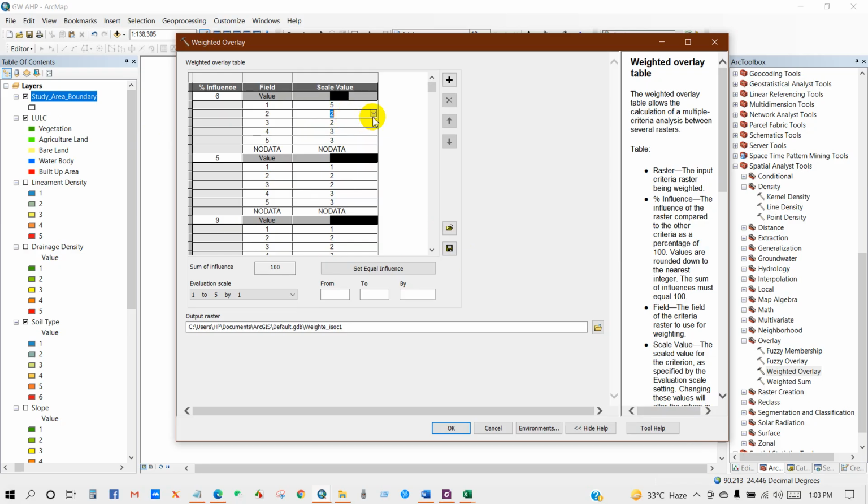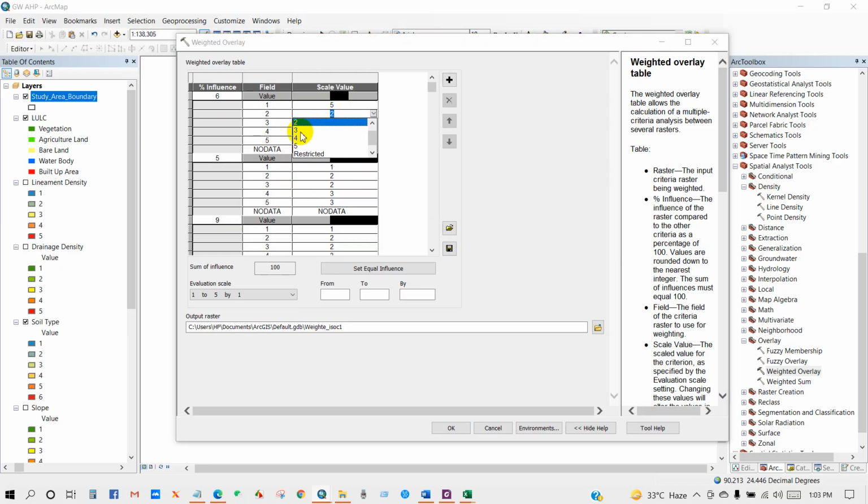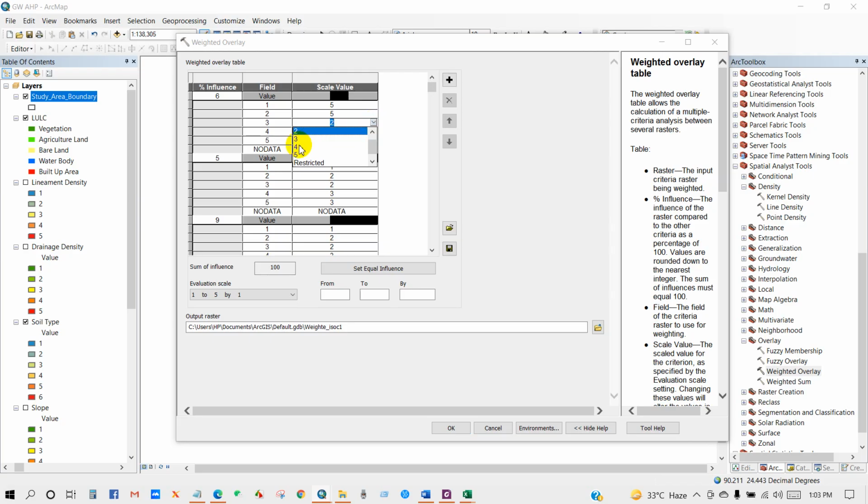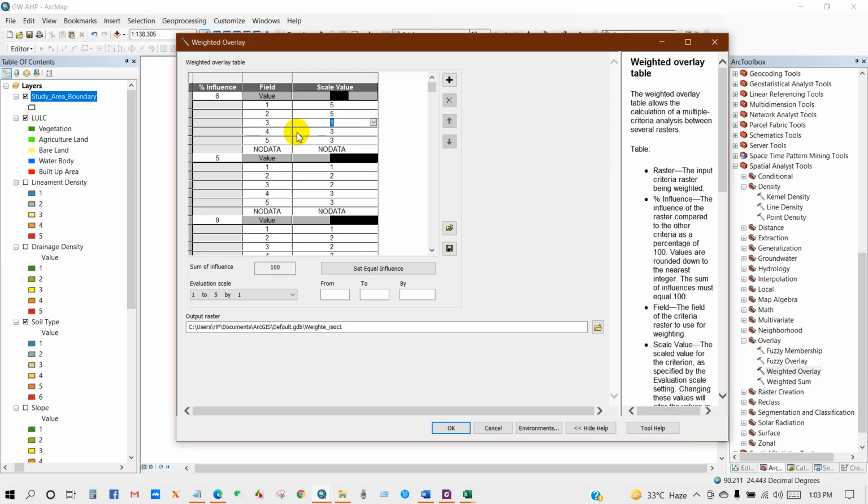And for agriculture, also I will give 5, the highest rank. And for bare land, I will assign low rank as 1. And for water body, I will assign highest rank as 5.